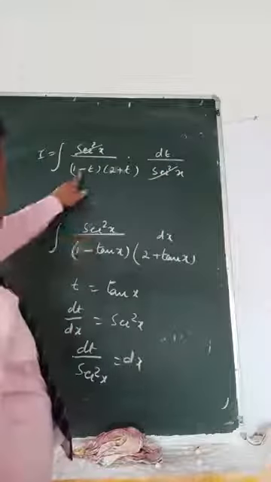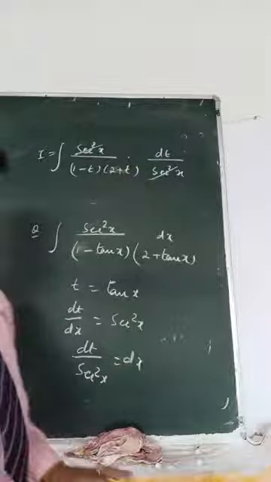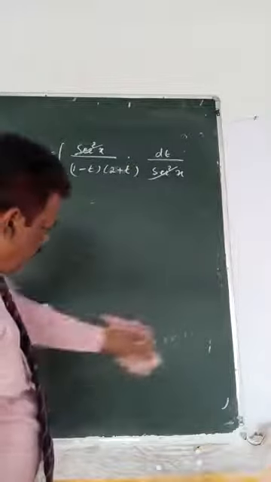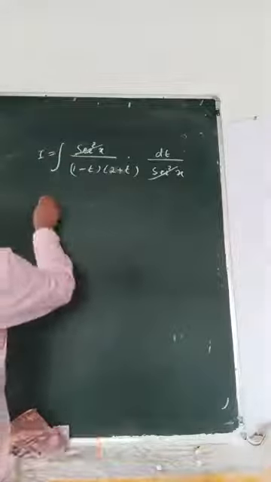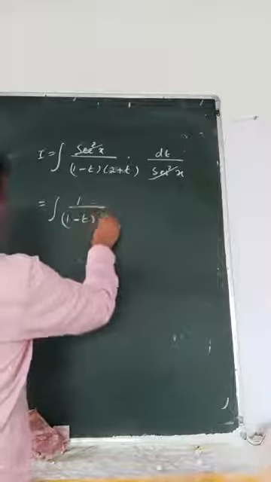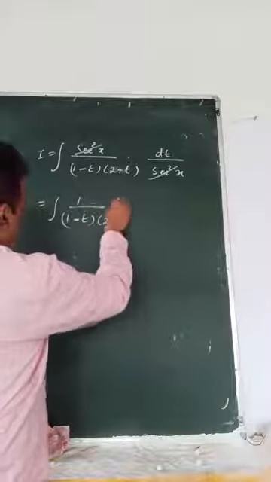Now it became algebraic form. So what do you do now? That will be 1 by 1 minus t, 2 plus t dt.